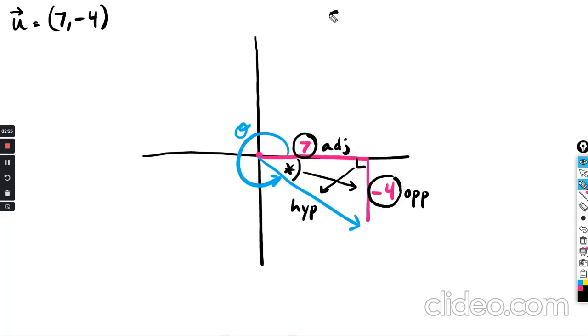If you remember the basic trig functions, SOHCAHTOA, we have opposite and we have adjacent, but we do not have hypotenuse. So we're going to use the tan function. Tan is opposite divided by adjacent.